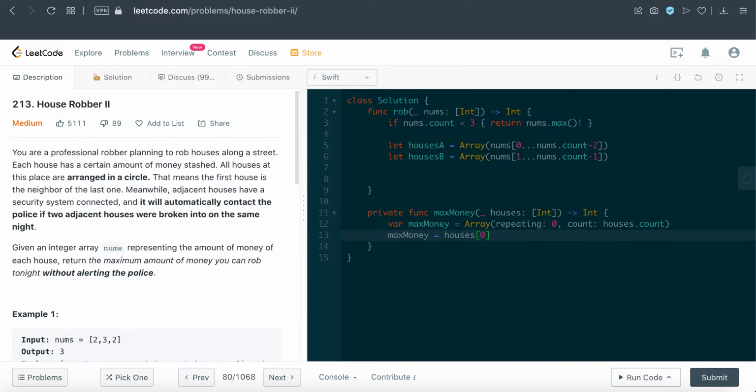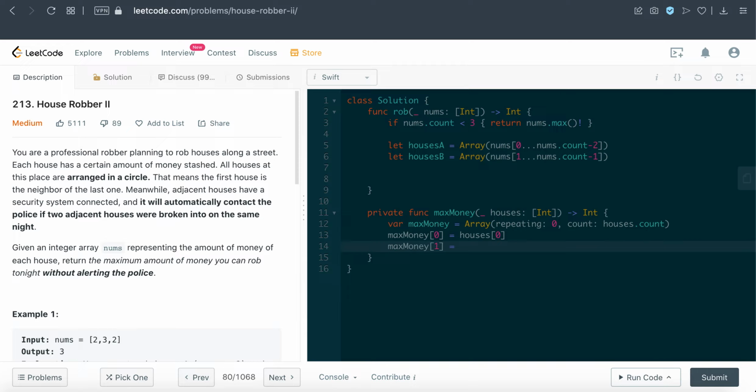So basically that is the maximum. Sorry, max 0. First index, and then at index 1, now we are faced with two choices, right? The first house and the second house, but remember we cannot rob both of them because they are adjacent houses back to back, so we'll get caught if we rob both of them.